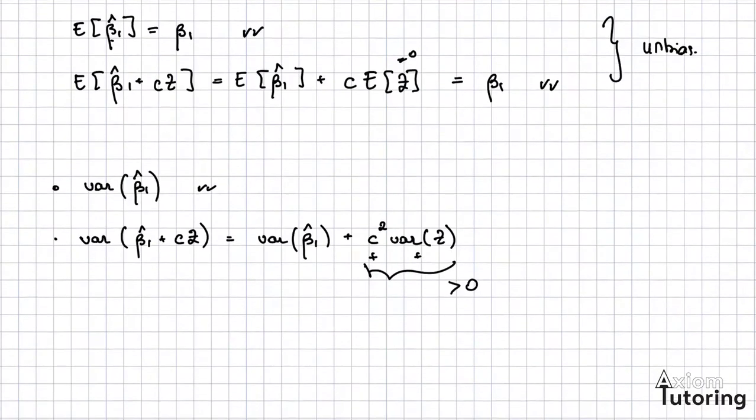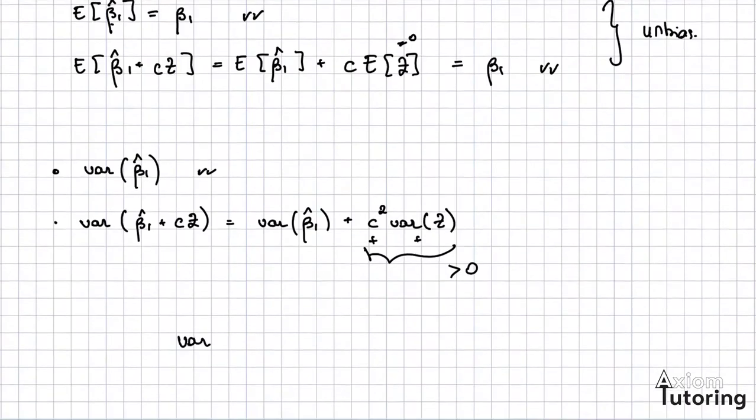Which means at the same time that the variance for the second estimator is the variance of beta 1 hat plus something positive, which will mean that the variance, let's call the second option beta tilde estimator, is basically bigger than the variance of our beta 1 hat estimator.